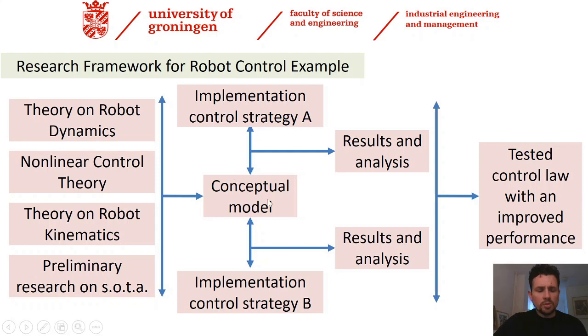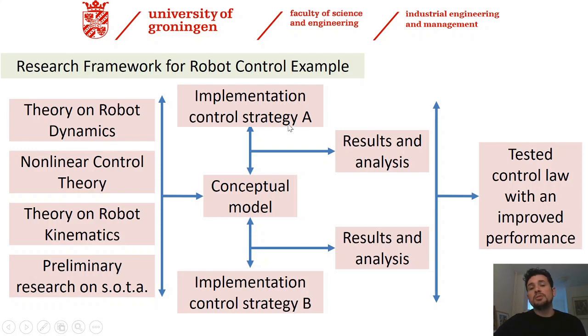Now we create a conceptual modeling. It's a strategy. This conceptual modeling will include not only the model of the system that we are dealing with and the representation of the system, but also we will provide new strategies, so we can implement them into the real physical system.